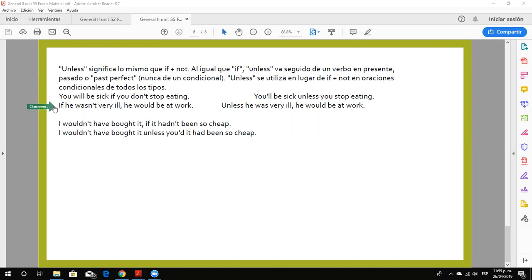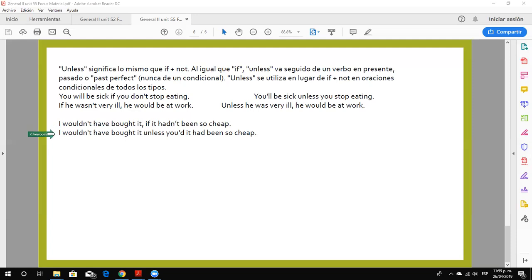If he wasn't very ill, he would be at work. Unless he was very ill, he would be at work. I wouldn't have bought it if it hadn't been so cheap.